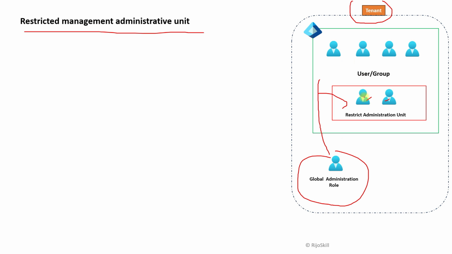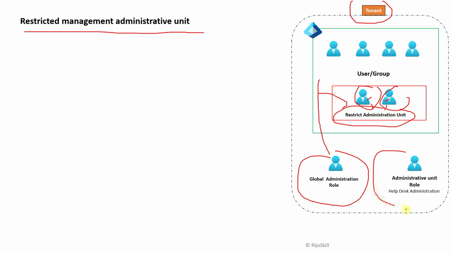But if you add this user in a restricted administrative unit, only the restricted administrative unit Help Desk Administrator can reset this user's password. The tenant level administrator has no scope to reset the password or change the properties of your restricted administrative unit users.